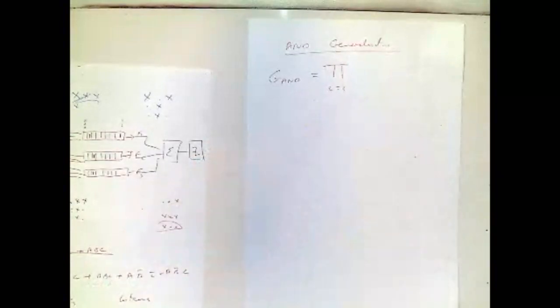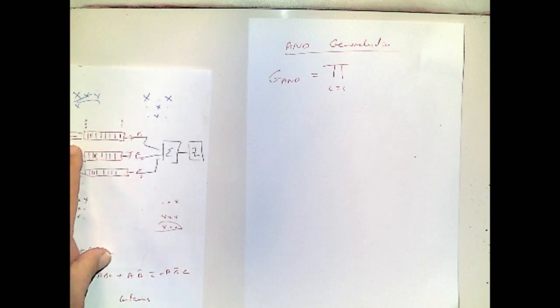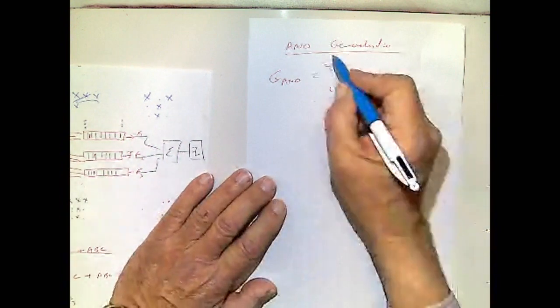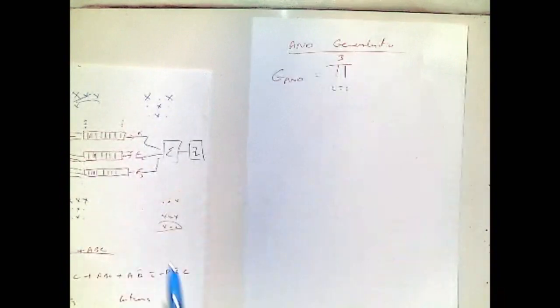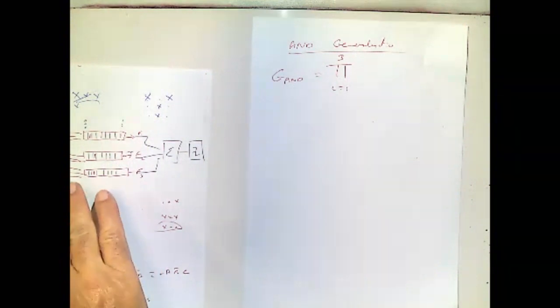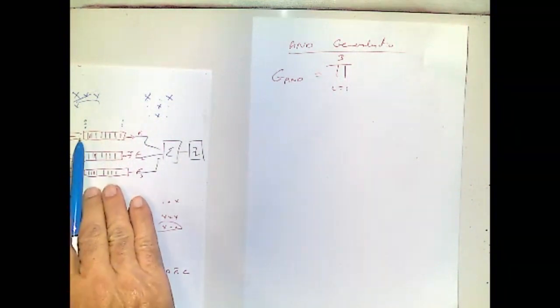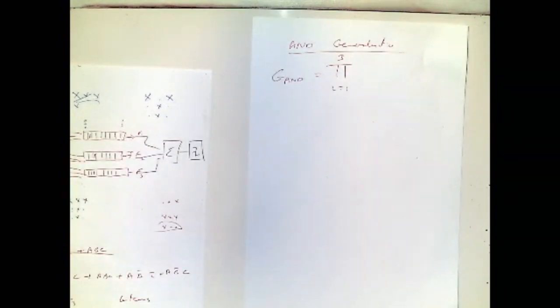So the equation from common sense for AND generalization is the product series, i equals 1. In general, the number of functions is the size of the input resolution, capital N, divided by the sample size, little n. But in this case, you can see by inspection, it is 1 to 3, 3 functions, 1, 2, 3. Doing it in the general case, 9 pixels, n equals 3, 9 over 3 is 3 functions.